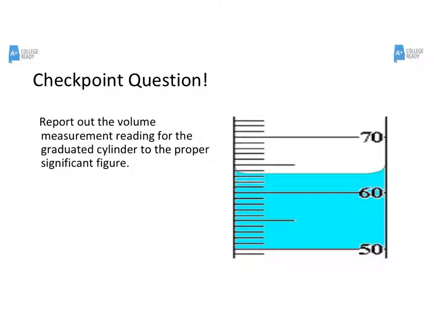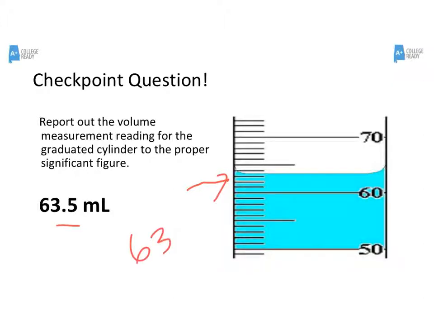So you try. Report out the volume measurement reading for the graduated cylinder to the proper significant figure. So the reading here would appropriately, in terms of significant figures, be 63.5. We can read with certainty 63.